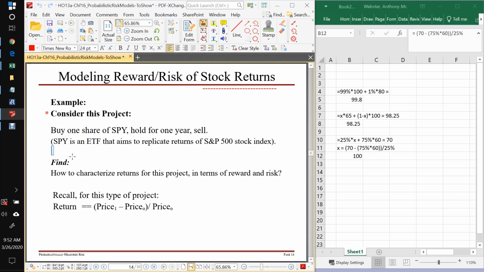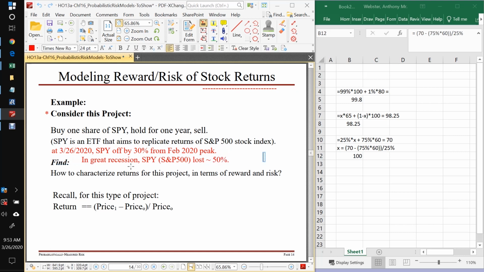And just to give you a little context, at 3/26, 2020, SPY is off by 30% from February 2020 peak, and in the Great Recession, the SPY and the S&P 500, of course, lost about 50%.